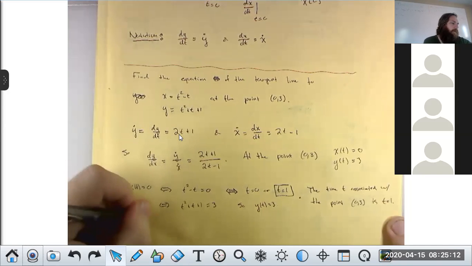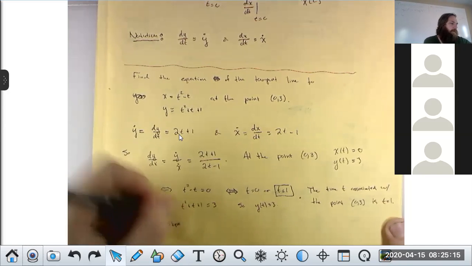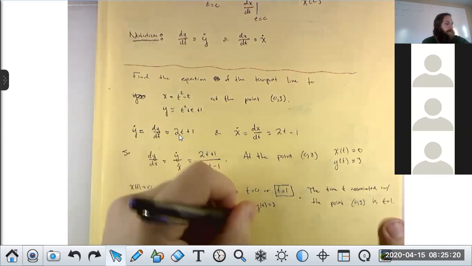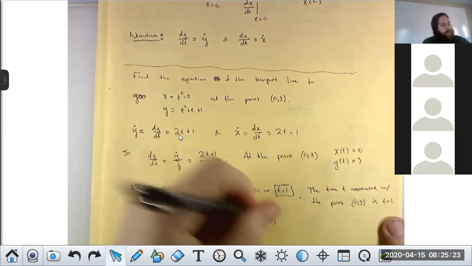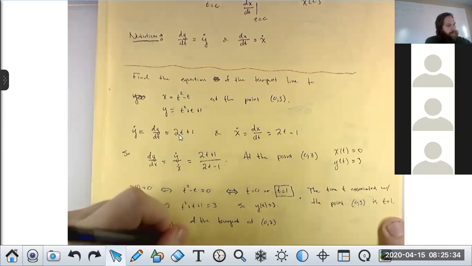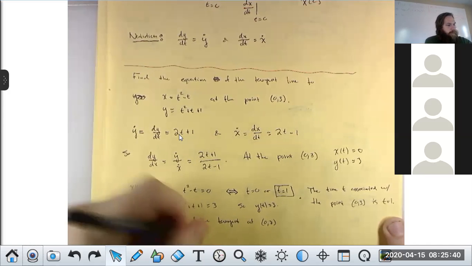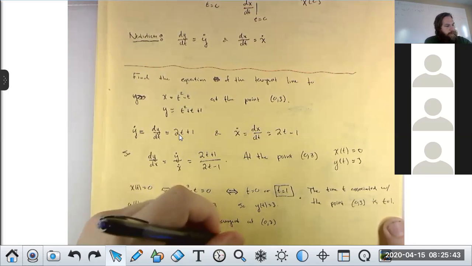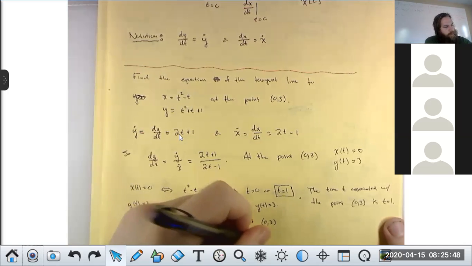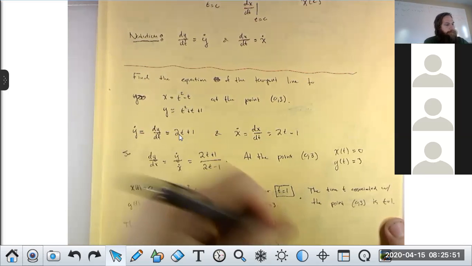Thus, the slope of the tangent line at (0, 3) is dy/dx evaluated at t equals 1, which is y dot of 1 over x dot of 1, which is 2 times 1 plus 1 over 2 times 1 minus 1, which is 3 over 1, or 3.